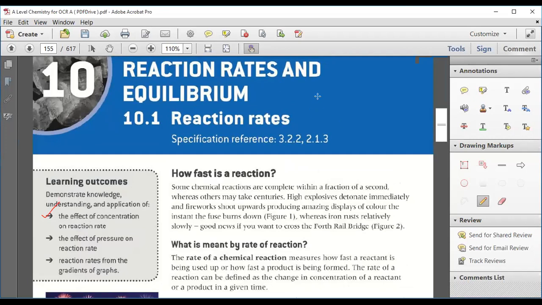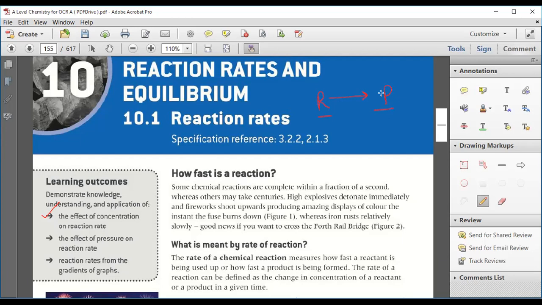Suppose in a reaction, we have reactants and they convert into product. When reactants convert into product, they require some amount of time. Some reactions take place very quickly, some take place very slowly, and some are moderate. For example, the reaction of sodium with oxygen is a very fast reaction.